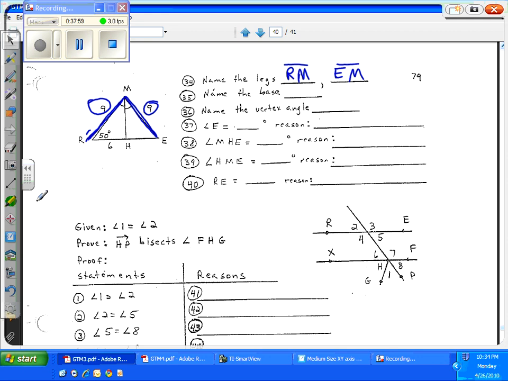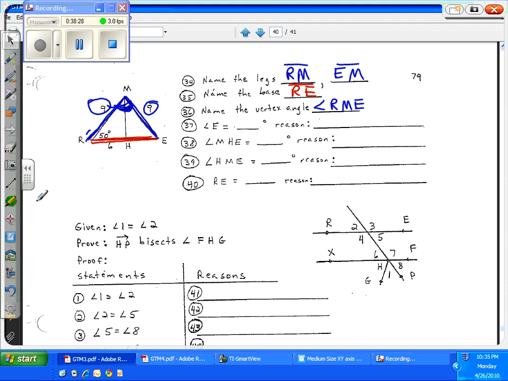The base is the third side, RE. The vertex angle is the angle that is included between, which would be angle RME. We have to use 3 letters because there are 3 angles at point M, or at the vertex M.